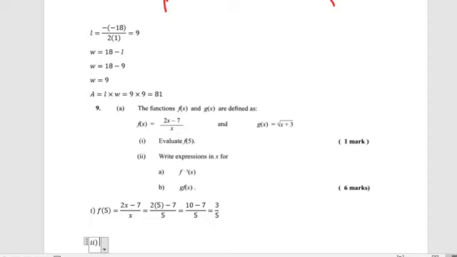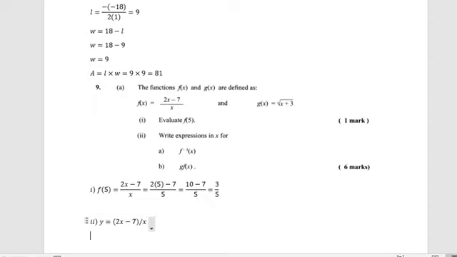So y is equal to (2x minus 7) divided by x.